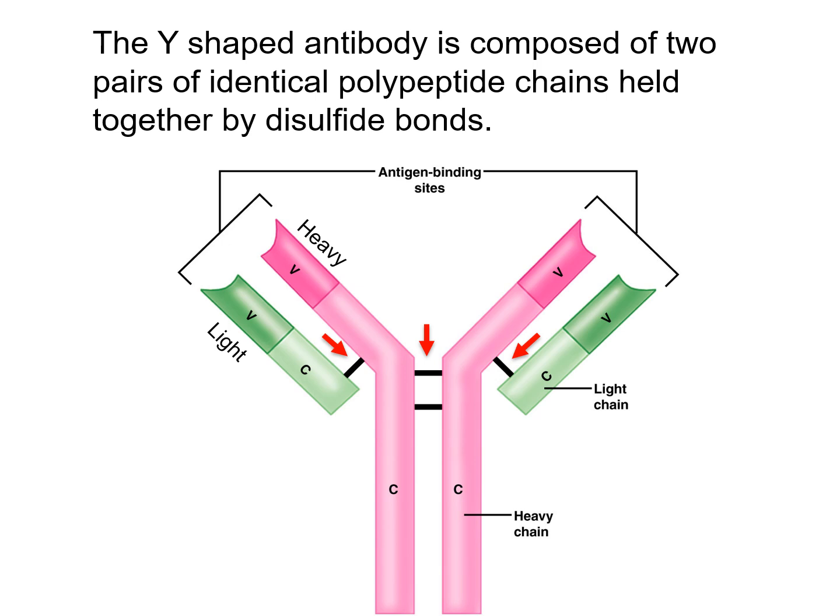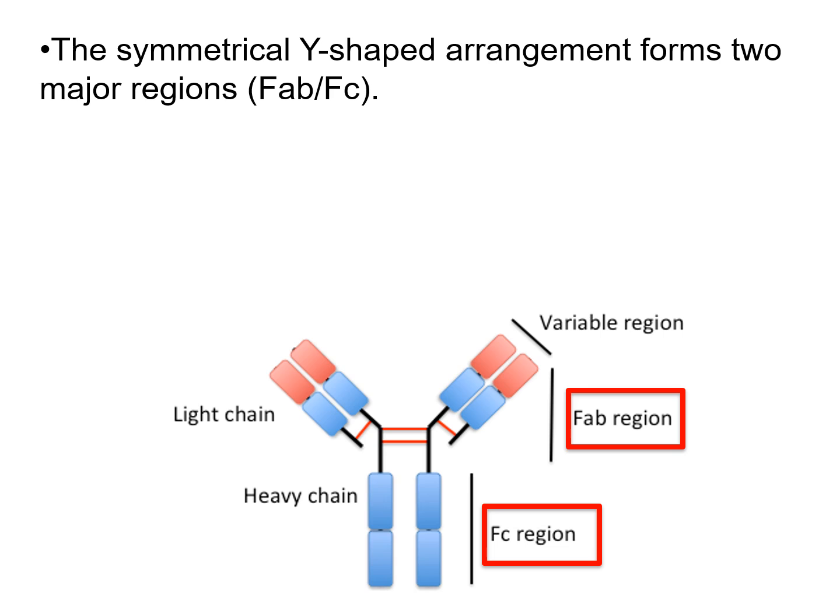One pair is pink and one pair is green. The symmetrical Y-shape arrangement forms 2 major regions, the FC region and the Fab region.